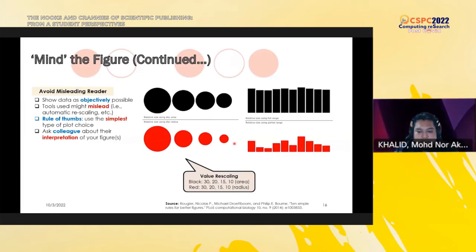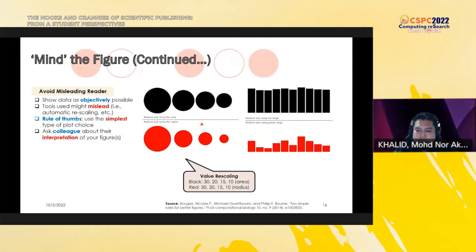But actually, these are showing the same data. So the rule of thumb here is to use the simplest type of plot, let's say a bar or line chart. And sometimes if you need to use this kind of figure, ask your colleague or friend to interpret your figure so that it doesn't mislead.